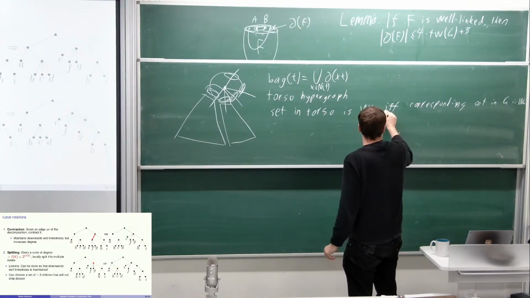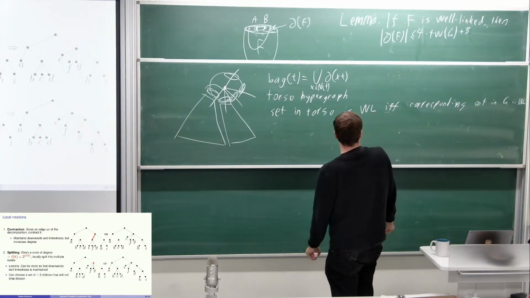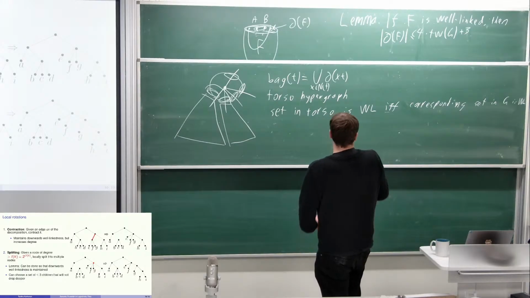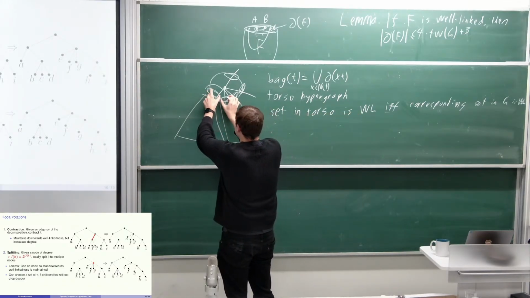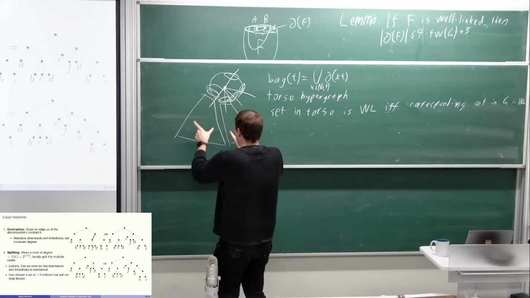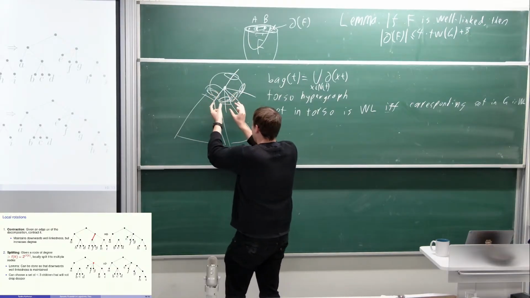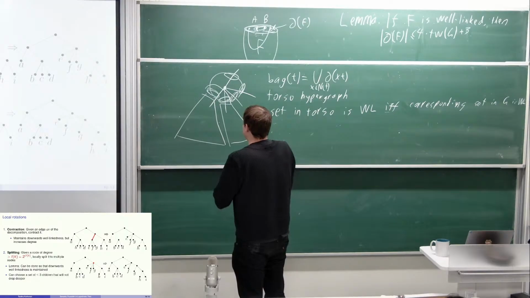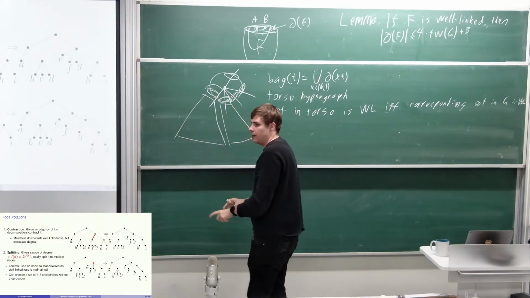The if direction is the easy one. No, the only if. If this thing in the torso is not well-linked, then clearly you can have the same partition of the edges with the same boundary, and then it's not well-linked. But it's harder to say that if something is well-linked in the torso, then it's well-linked in the whole graph.